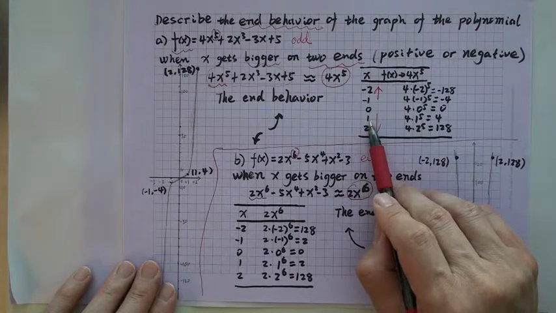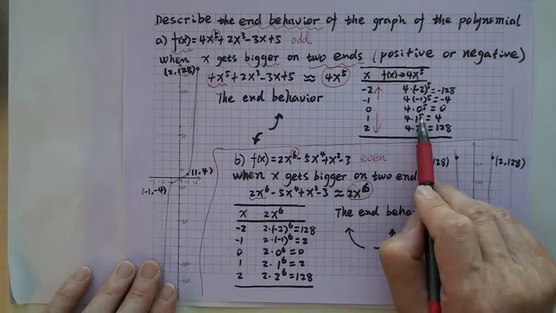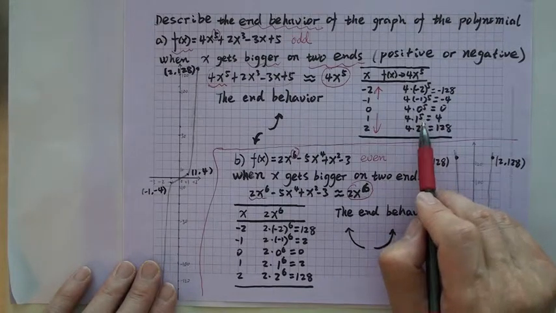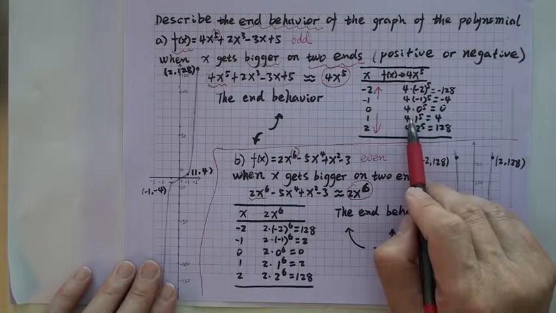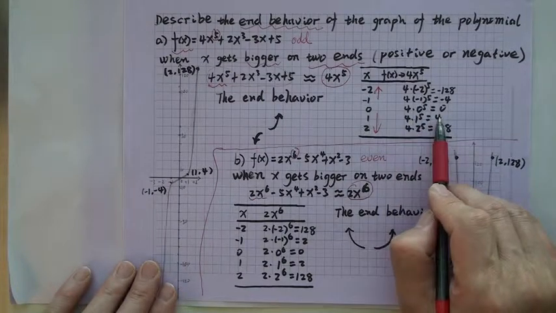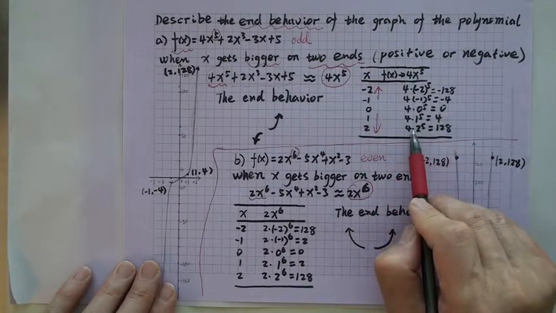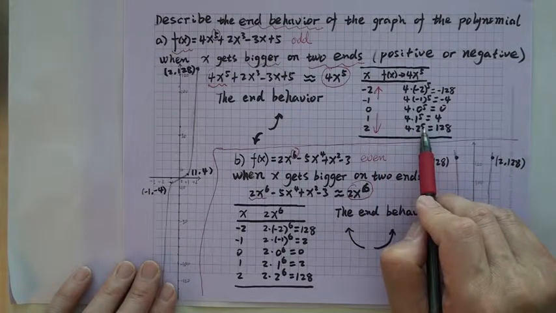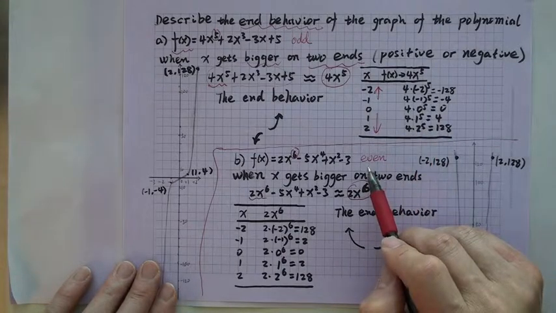When x is a positive number, it is relatively easy. 1 to the fifth is 1 times 1 times 1 times 1, 5 times. So you still have 1 times 4, you have 4. So x is 1, y is 4. And again, x is 2, 2 to the fifth is 32 times 4, 128.